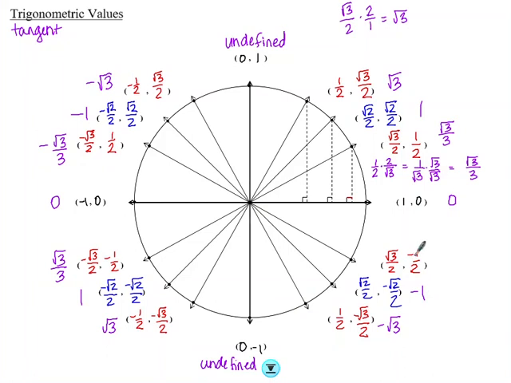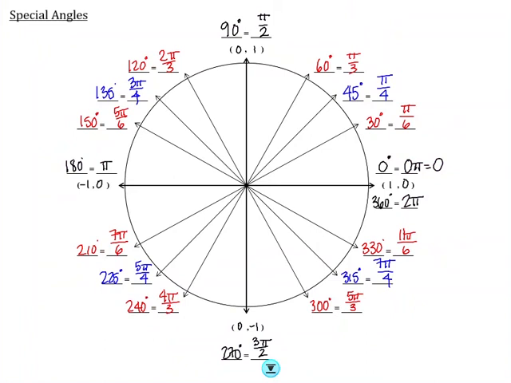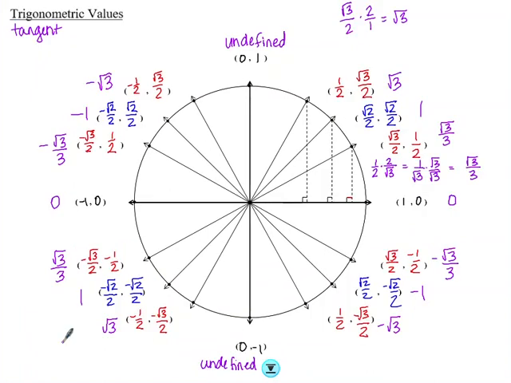And lastly, negative 1/2 divided by square root of 3 over 2 is negative square root of 3 over 3. You need to memorize the unit circle, both the angles in degrees and radians, and the coordinate points. You can either choose to memorize the tangent functions, or you can just rederive them by doing y divided by x each time.